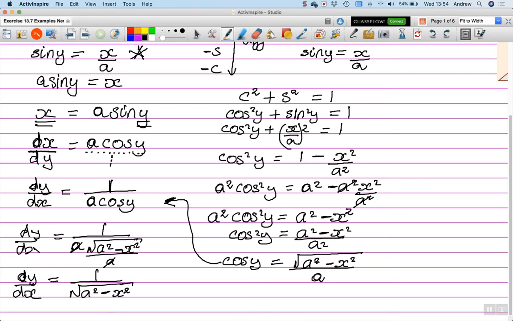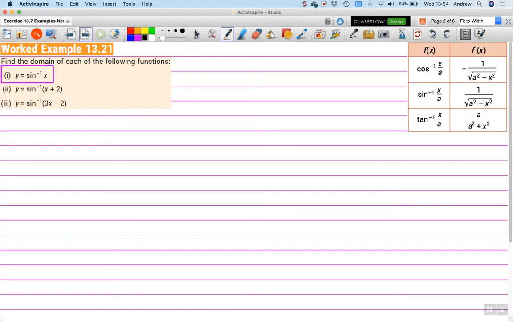Okay, so that's deriving the formula. We won't derive the other two formulas. I may set that as a homework for you to do later. But what we're going to see now is using the formula in order to solve a problem rather than going through the system of mathematics that we just did.